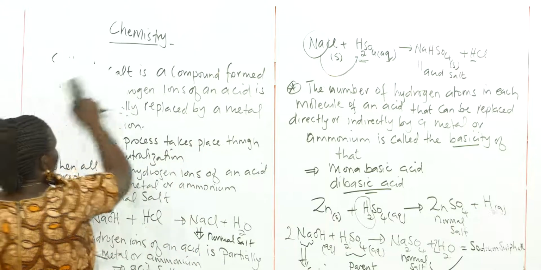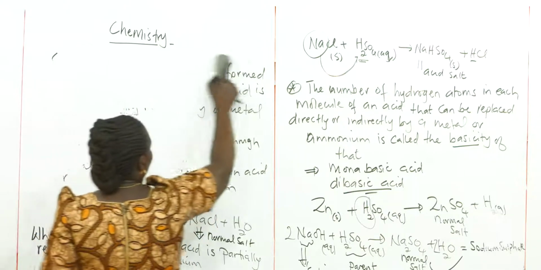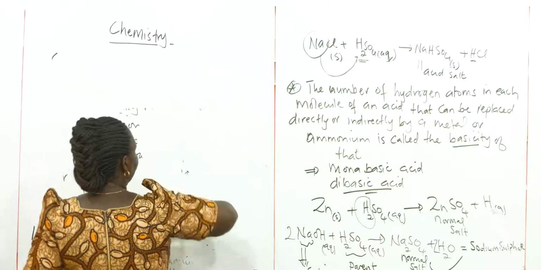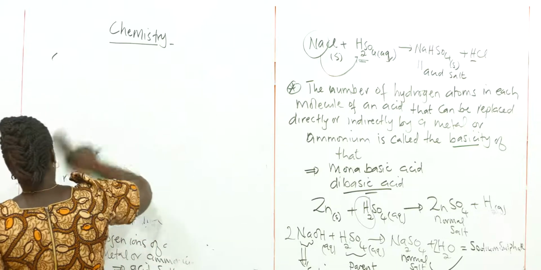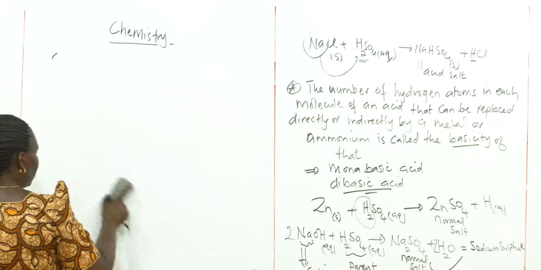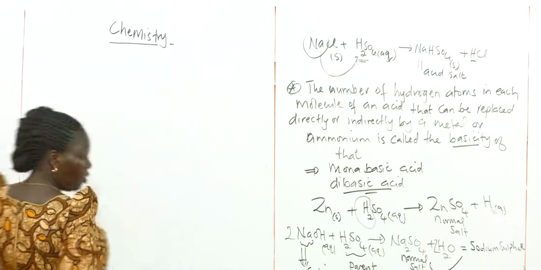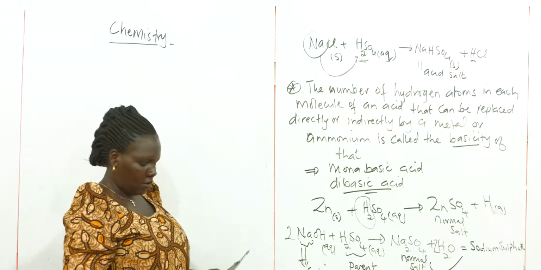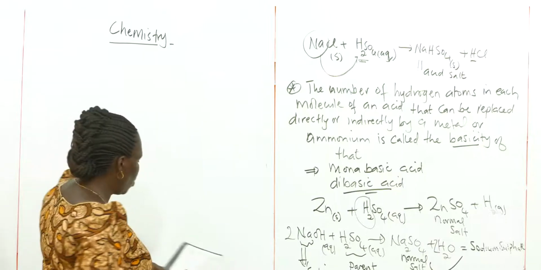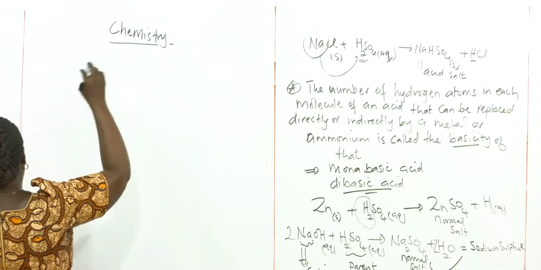So, for example, we said salts can be normal salt or acid salt based on the number of hydrogen atoms that are replaced, either partially or wholly. When all of the hydrogen atoms are replaced, we have a normal salt, and when part of the hydrogen atoms are replaced, we have an acid salt. So we have a table here that is telling us how to name salts.